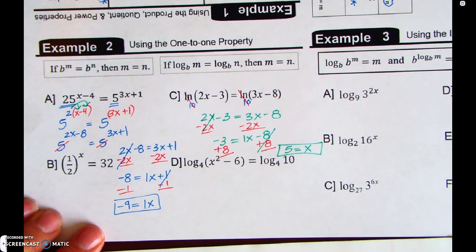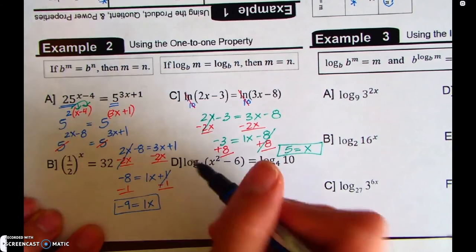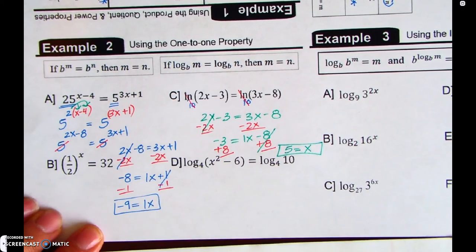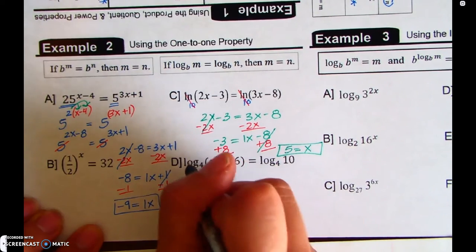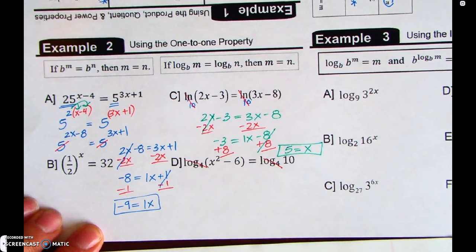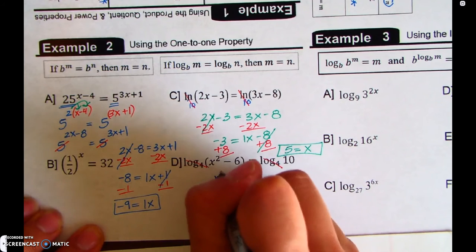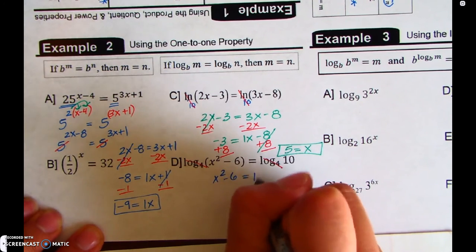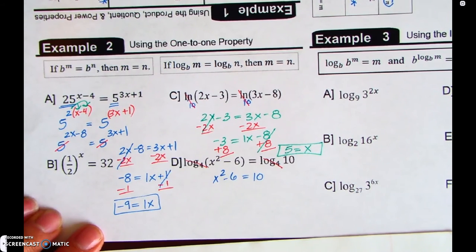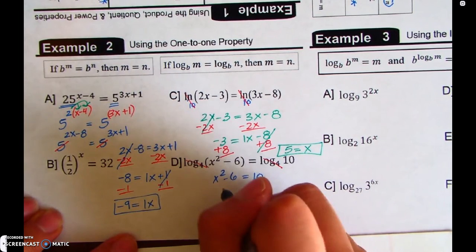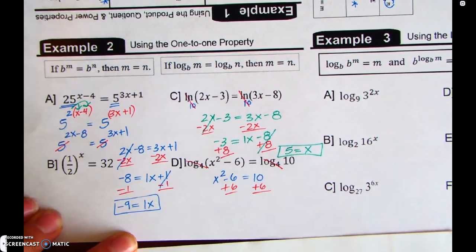Okay, so that's C. Let's look at D. Log base 4 is on both sides, so we can just cancel out the log base 4, and I'm left with x squared minus 6 is equal to 10. Well, I need to solve for x. You're going to add 6 to both sides.